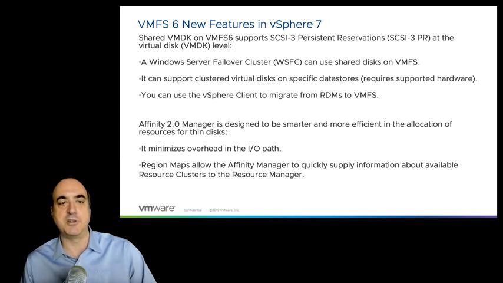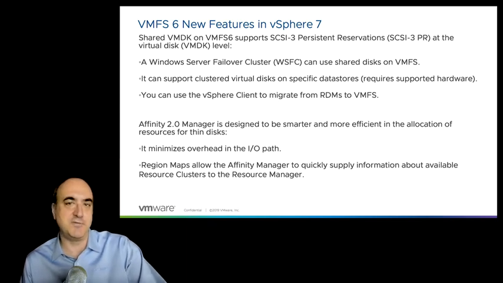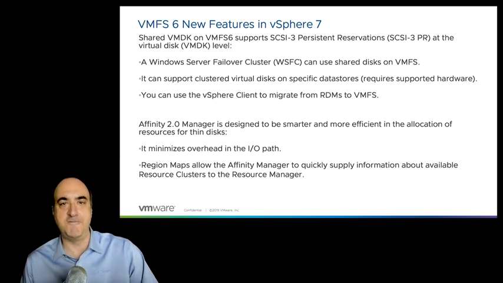So now the Affinity Manager can quickly find the status of each of the different resource clusters without having to go and fetch that information. It already knows this information right up front. It knows the size, the capacity, and the availability of each of the different resource clusters. So thin disk fragments can be placed very efficiently without the overhead that they've had in the past.